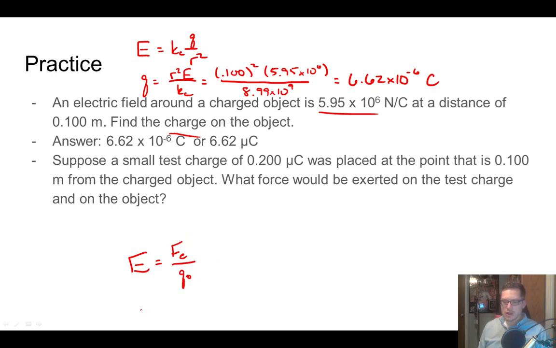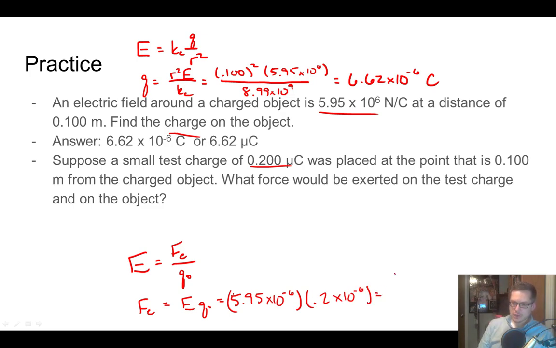Fe would be equal to E times Q naught. Our E value here is the same one as up above, 5.95 times 10 to the 6th, and then our Q naught is the value they give us right there, 0.2 times 10 to the minus 6th.